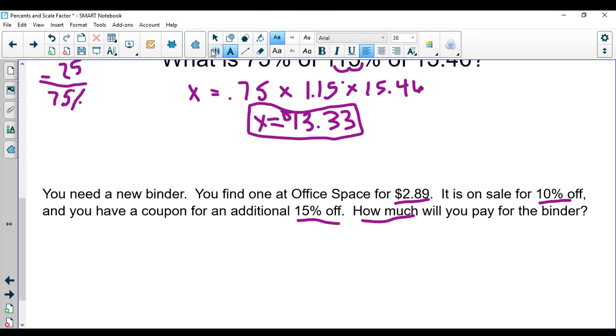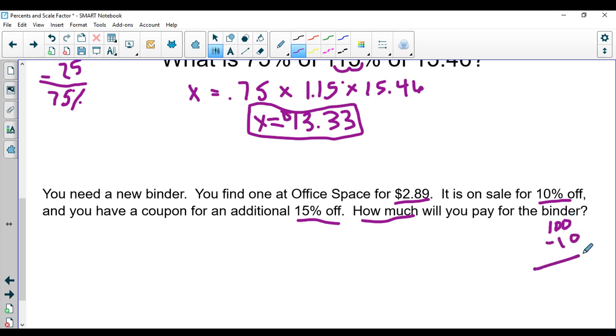So I need to first figure out what percentage I'm paying after each discount. So 100 minus 10. So that first discount means I'm paying 90% of the cost. And 100 minus 15 means I'm paying 85% of whatever this 90% is.